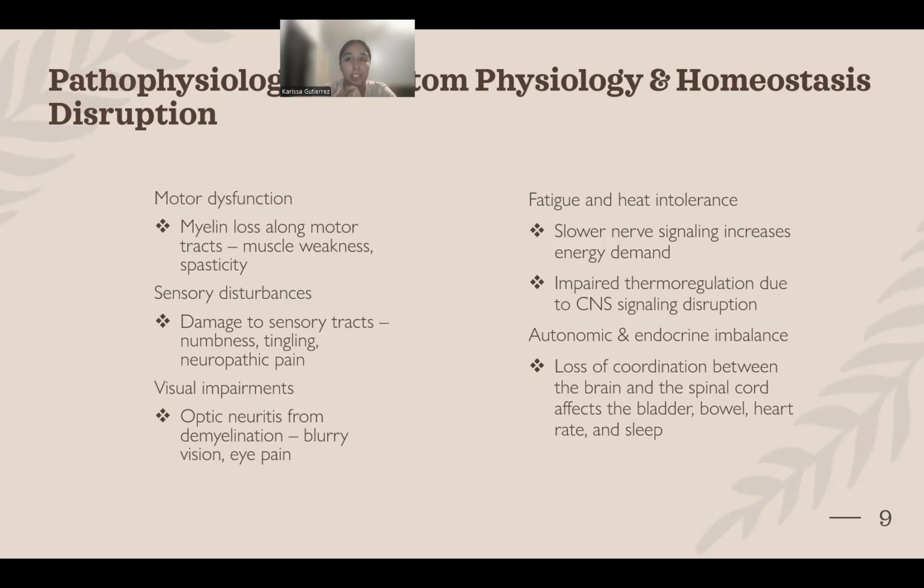Fatigue is another common symptom; it likely stems from damaged neurons requiring more energy for impulse transmission. MS can also disrupt temperature regulation, which is why symptoms may worsen with heat. This leads to issues with bladder control, bowel function, and even heart rate regulation. MS essentially disrupts many of the body's normal homeostatic systems.